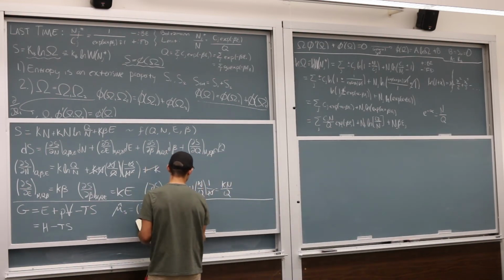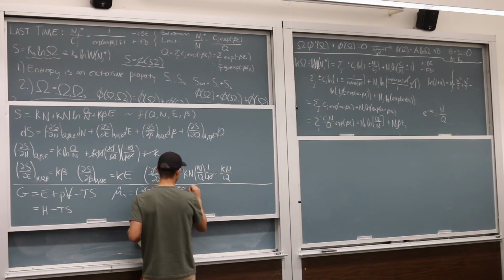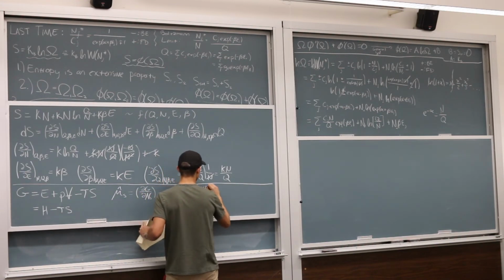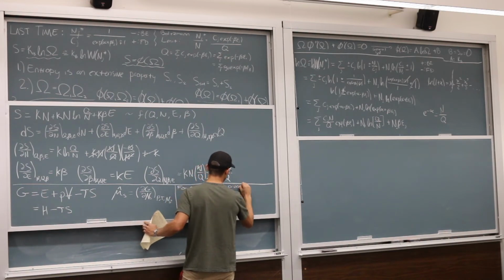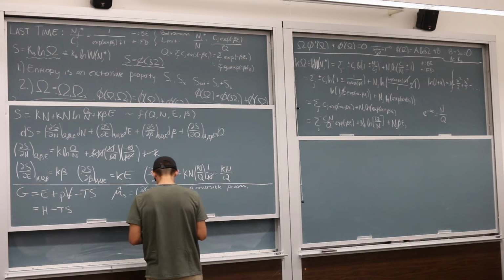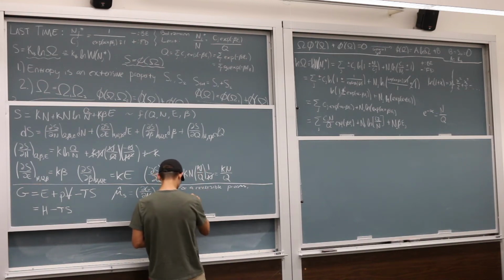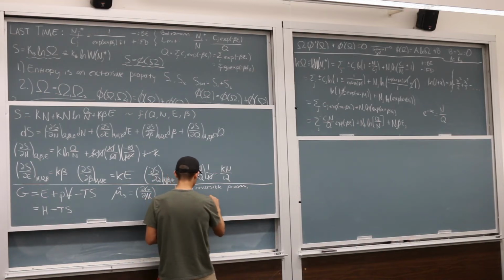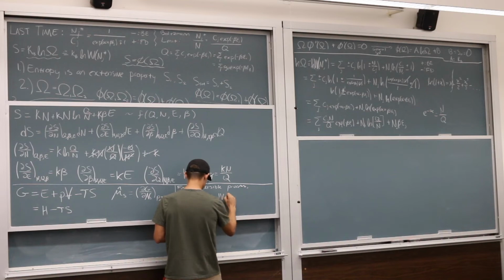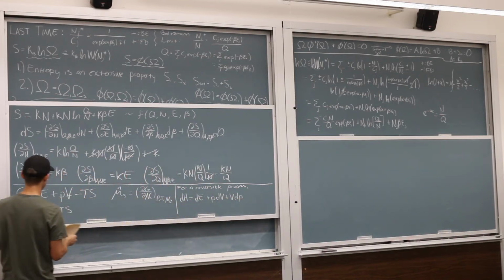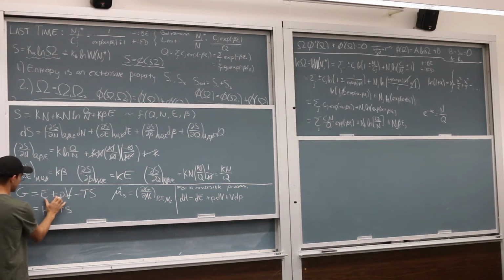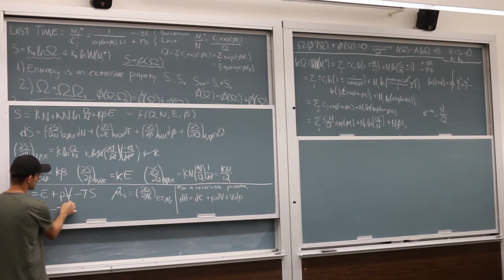So, for a reversible process, we have that dH is equal to, in general, dE plus PdV plus VdP. Okay, so H is this thing. You take the total differential, you do the product rule on this one.